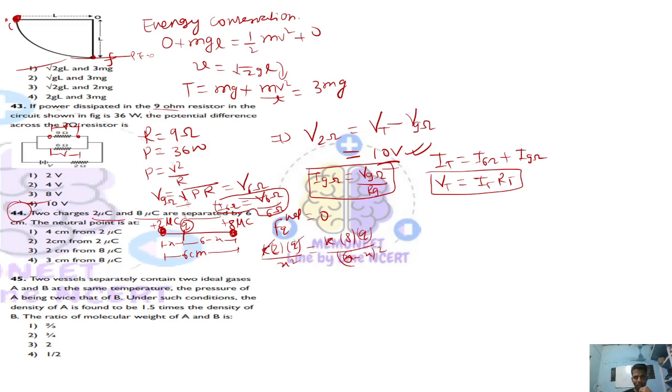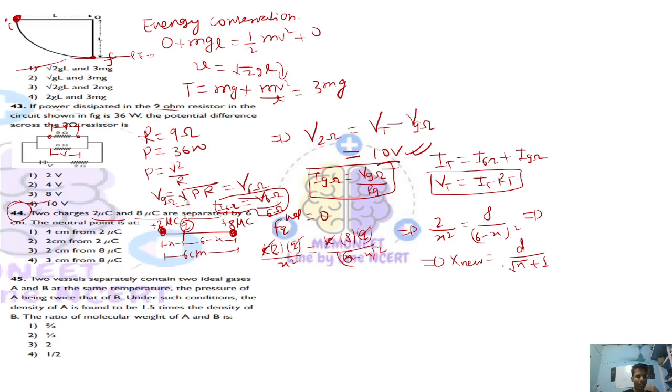Simply cancel this out, and it becomes 2 by x square equals 8 by (6 minus x) to the whole square. After solving this using the quadratic, you can get the answer. There is also a formula to calculate the neutral point, and neutral point can be calculated by d upon root of n plus 1, where d is the distance.